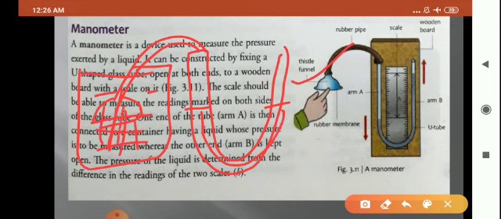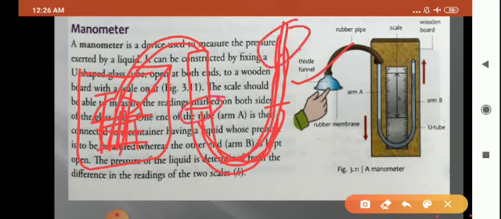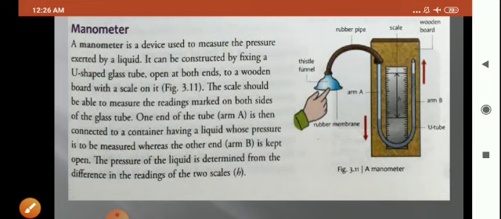Now as the pressure increases on this side, the liquid here will keep rising upward. So at the end what you are getting is a pressure difference, and the difference of both the readings is going to give you the pressure of the liquid. So I suppose children I am clear to you, okay.